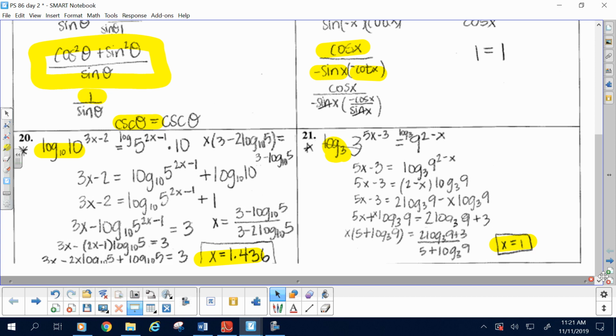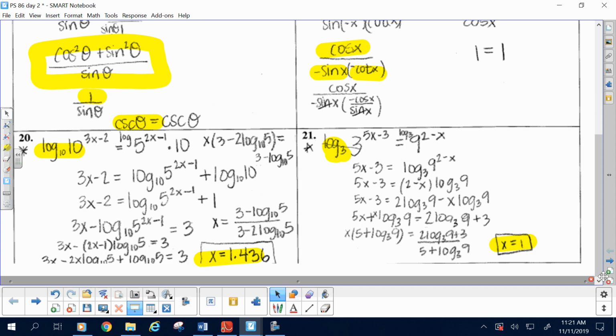When you log, it cannot be log here, log here, log here. You cannot do that. Instead, it must be log a whole side at a time. Now the left side is just 3x minus 2, but the right side is a product.